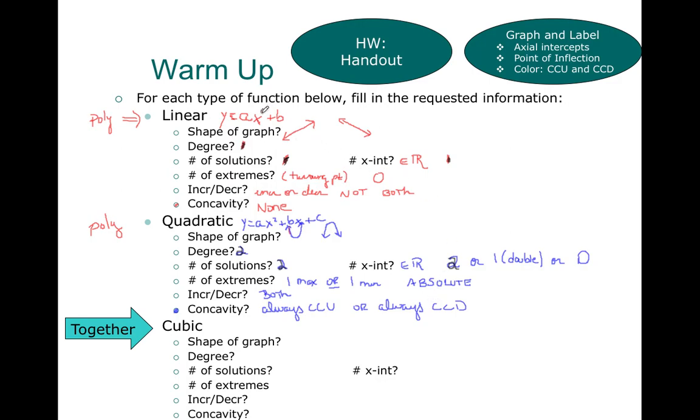A degree 1 polynomial has 0 turning points and no concavity. A degree 2 polynomial has 1 turning point and is either concave up or concave down.